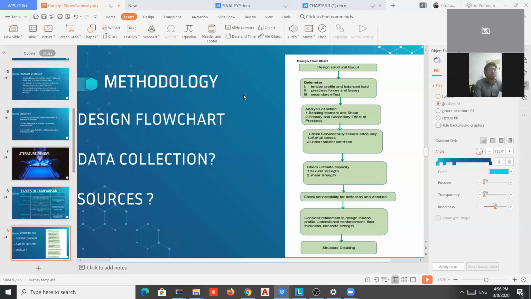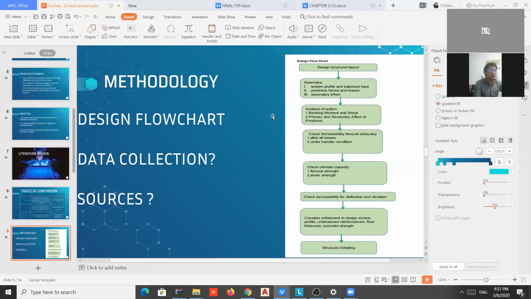Then we will do the analysis of actions, where after we get all the design loadings such as force, we will calculate the bending moment and draw the bending moment diagram and shear diagram. And then we will analyze the primary and secondary effect of pre-stress, which is the moment itself.